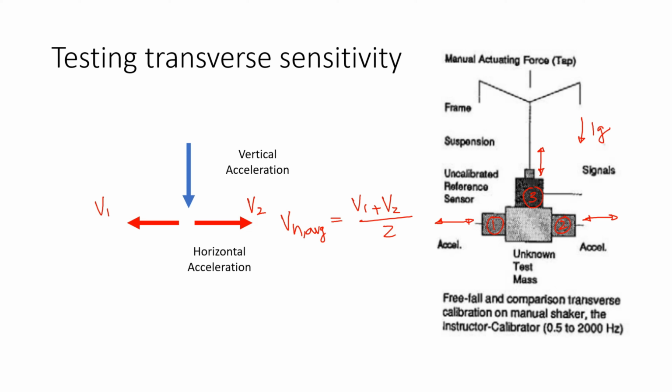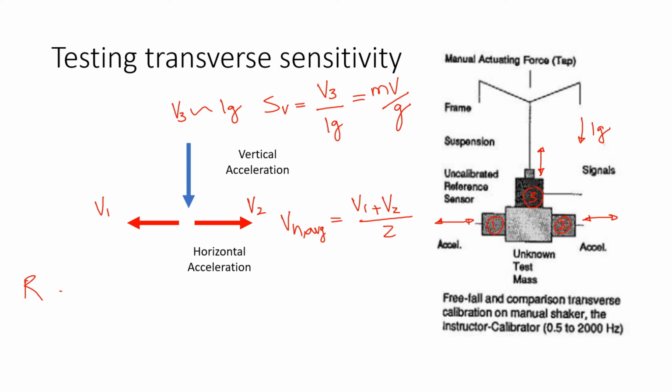We also have V3, which is the vertical acceleration. This voltage value, of course, corresponds to 1G. So we can get the sensitivity in the vertical direction, which is V3 divided by 1G, and the units should be millivolts divided by G. Now, we are going to take the ratio between the horizontal voltage and the vertical voltage.